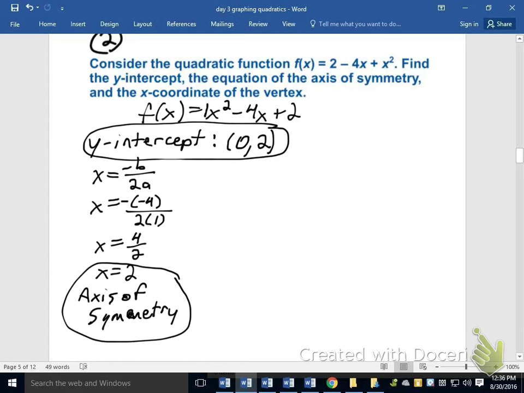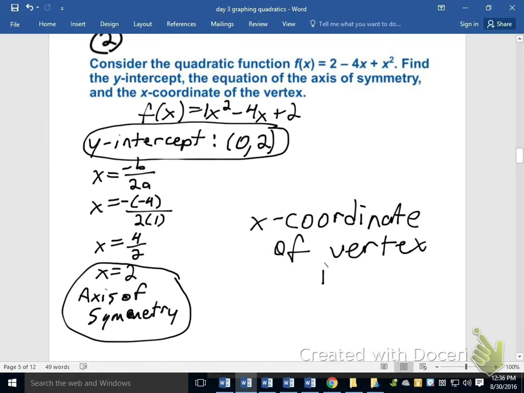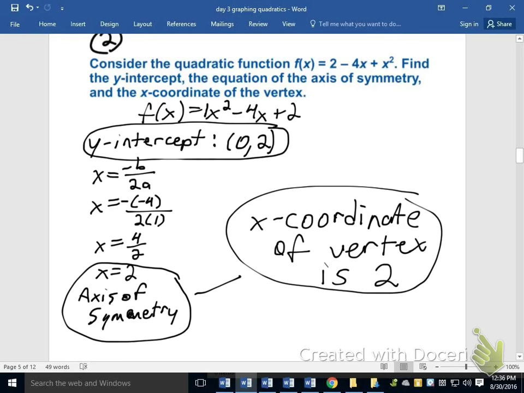And wrapping up, what is the x-coordinate of the vertex? That's actually really easy because we just found it. It's 2. It will always be the same as the axis of symmetry. So whatever that is, that tells you what your x-coordinate of your vertex is. And that wraps up problem number 2.